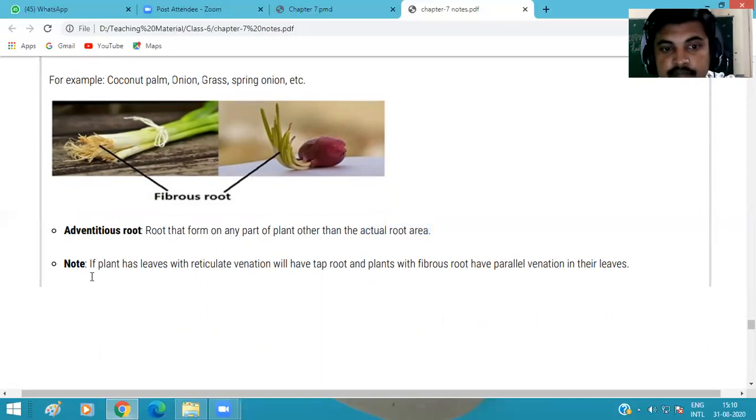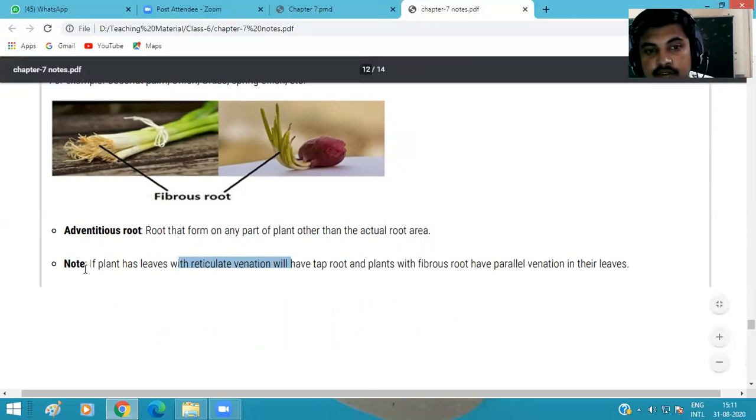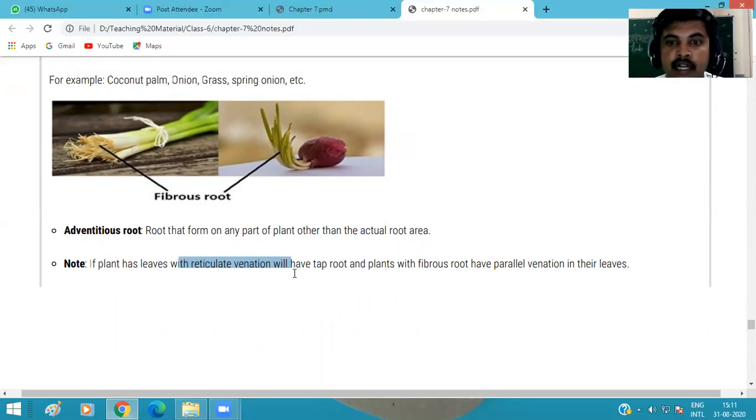They give a note here: if a plant has leaves with reticulate venation, it has a taproot, and a plant with fibrous roots has parallel venation in its leaves. So on the basis of venation, we can identify which type of roots the plant has.